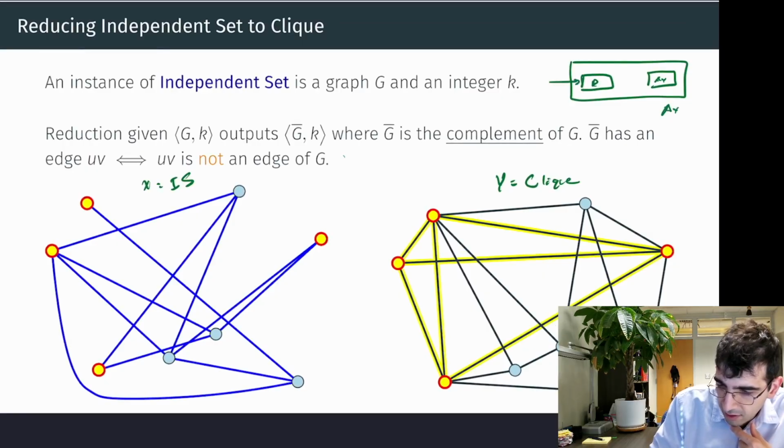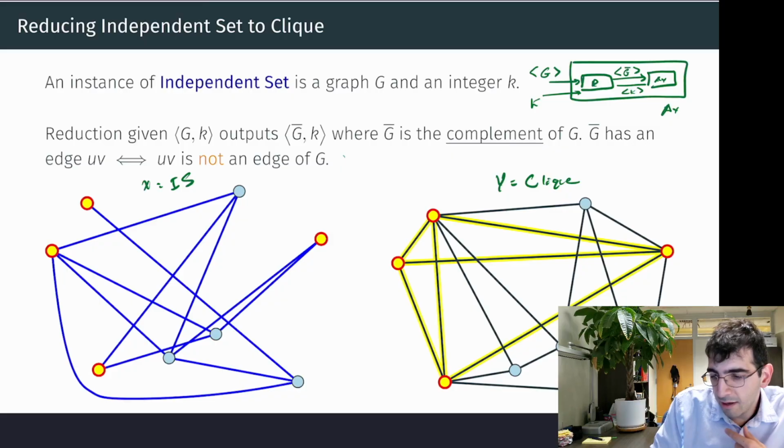So what does our algorithm for X look like? Well, it takes in a graph and an integer k. And what does the reduction do? It outputs the edge complement graph and the same integer k.